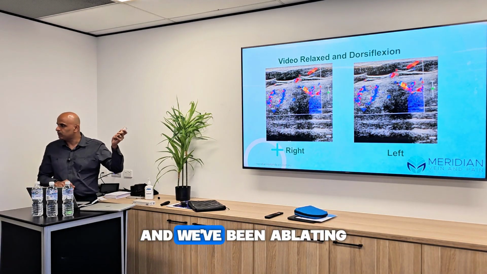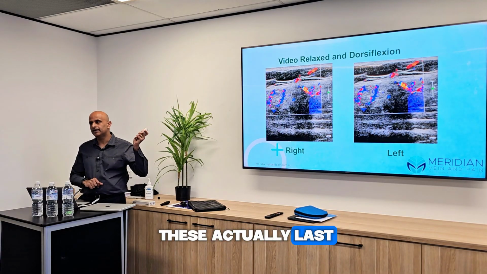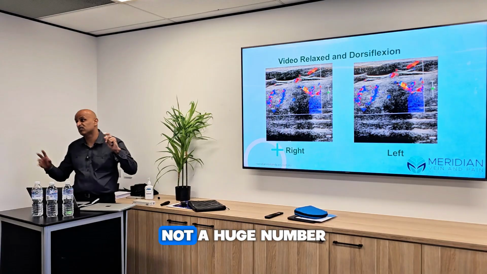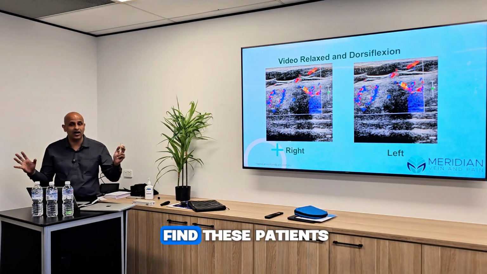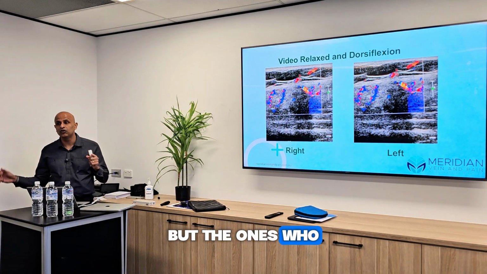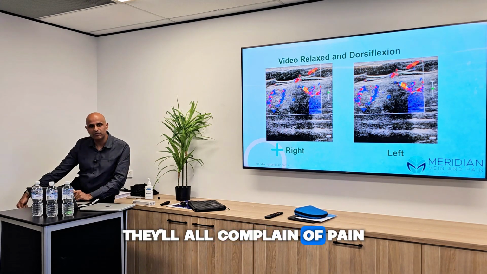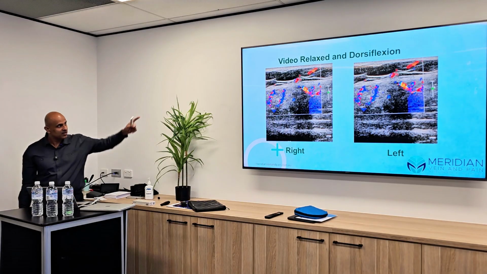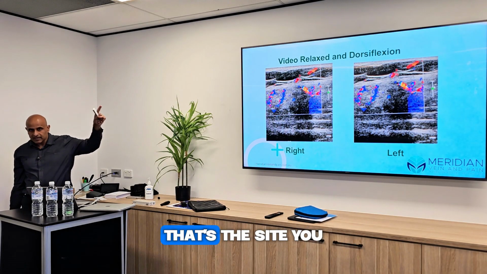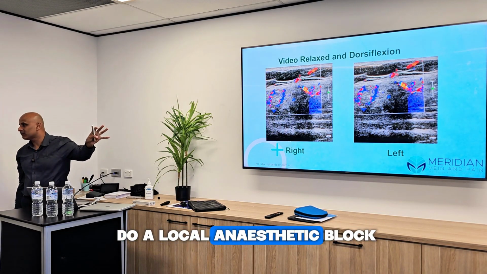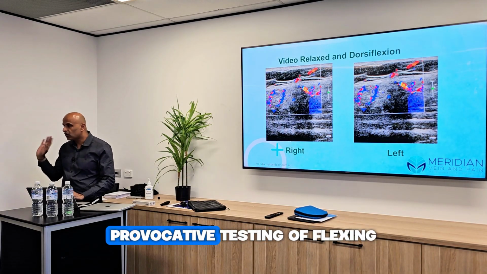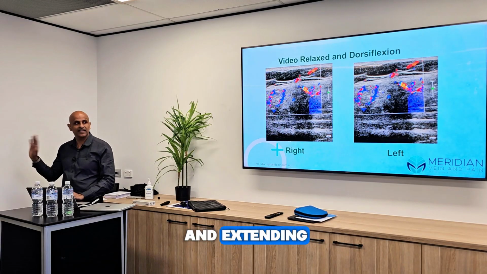And we've been ablating these actually. We've had 12 months worth of data now on 4 patients. Not a huge number. It's really hard to find these patients, but the ones who come through, they'll all complain of pain just here. It hurts here, doctor. And there's a vessel there. That's the site. You do a local anesthetic block. They have immediate improvement from that provocative testing of flexing and extending.